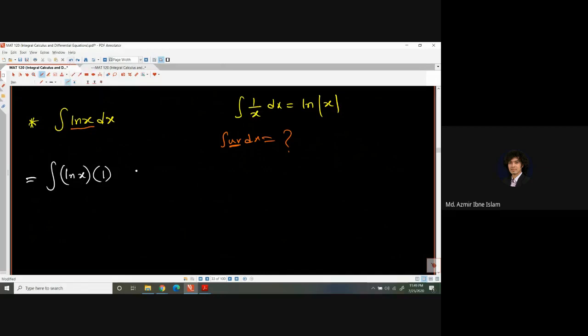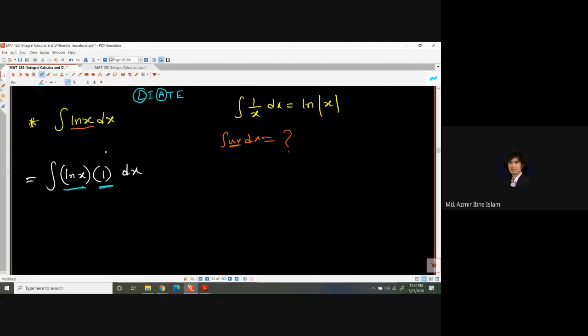Now we can see that we have a total of two parts. Maybe the first part is u and the second part is v, but how can we be sure? We can have a look at the LIATE rule. Here we can see we have a logarithmic function and an algebraic function.